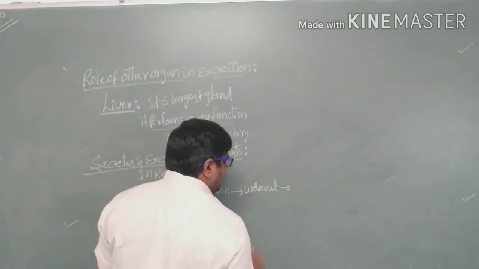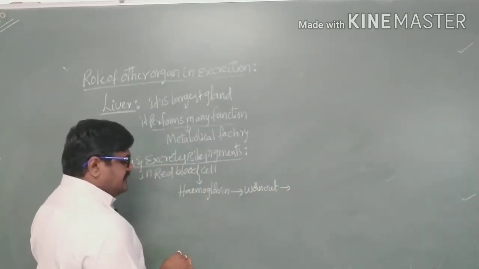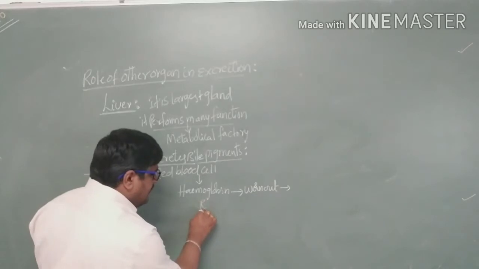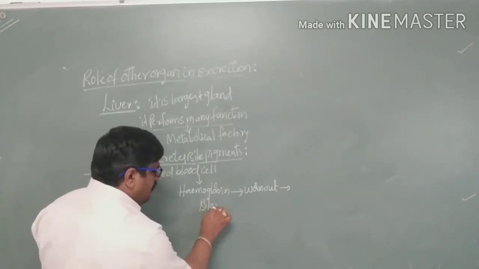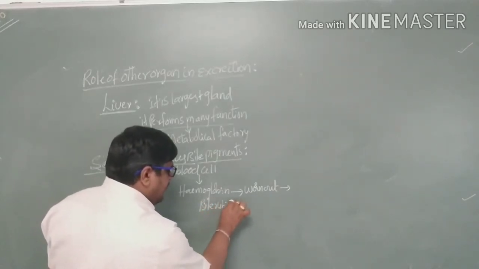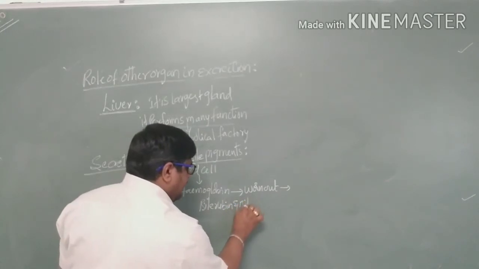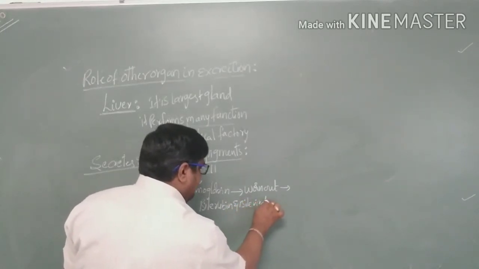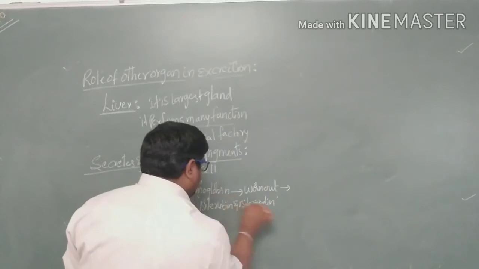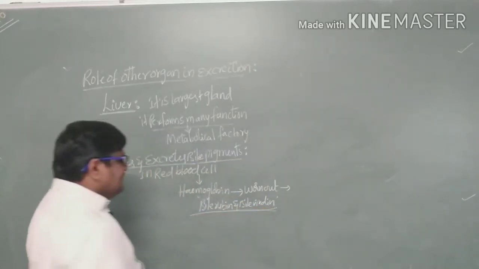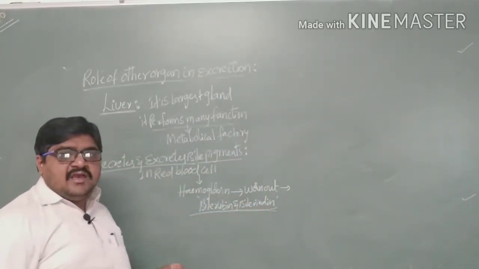Here the hemoglobin dissociates into bilirubin and biliverdin. These are the two pigments which are mainly secreted in the bile juice.